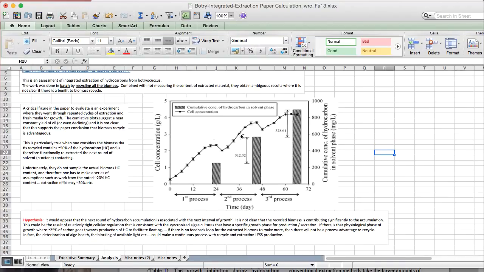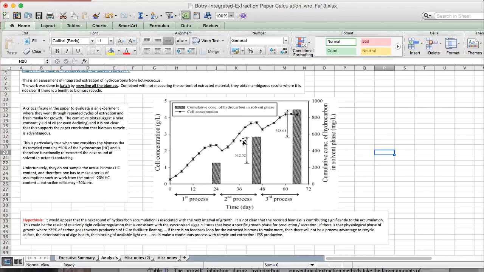There's something else this probably represents that's important to recognize, which is more like a physiological interpretation. What it means is the cells that are left behind after they've been extracted don't seem to be contributing. So to me, this is suggesting that the cells are making the hydrocarbon only once. And as you know, leaving them in the reactor, they don't have a regulatory mechanism to recognize that they made the hydrocarbon, so they're not going to replace it.